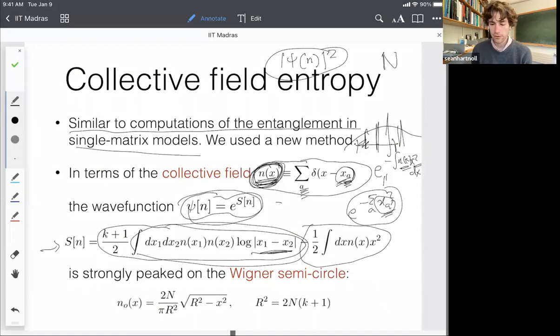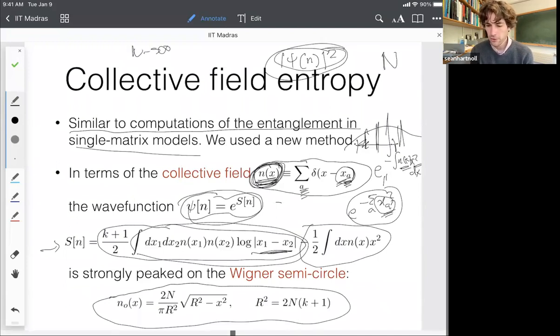So this wave function is basically classical. This collective field is a classical variable at large N. And this wave function is very strongly peaked on this Wigner semicircle. Right? So as N goes to infinity, this probability distribution is basically a delta function on n of x minus n0 of x.